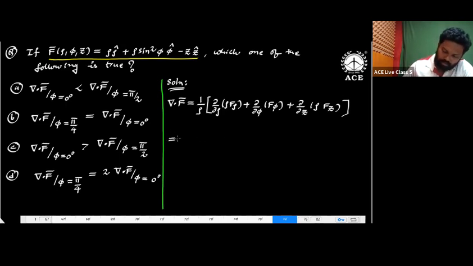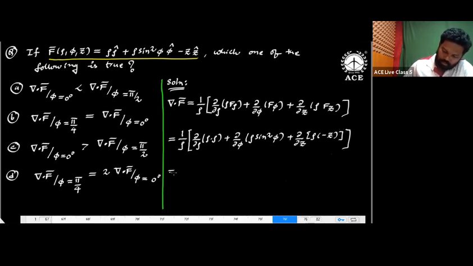So what is this one? 1 by rho into dou by dou rho of rho into rho, plus dou by dou phi of rho into sine square phi, plus dou by dou z of rho into minus z.